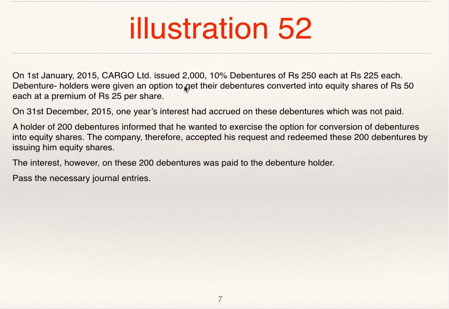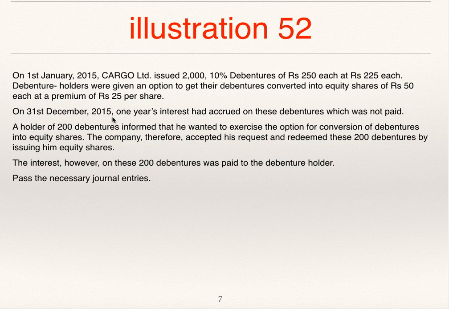Debenture holders were given an option to get their debentures converted into equity shares of 50 each at a premium of 25 per share. Equity share 50 is the face value, 25 is the premium. So issue price will be 50 plus 25, which is equal to 75. So option is these debentures can get converted into equity shares of rupees 50 each, but issue price is 75.